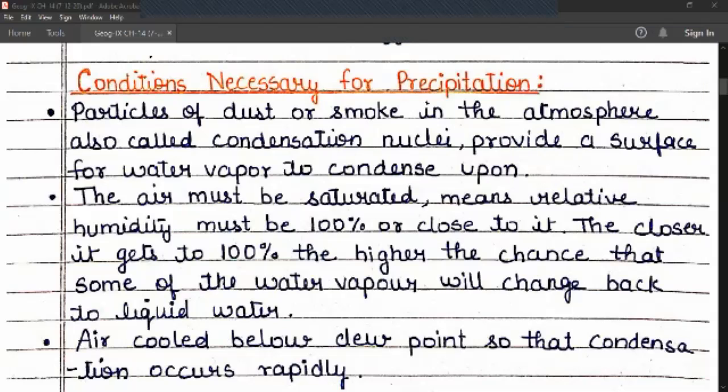Second, the air must be saturated, meaning relative humidity must be 100% or close to it. The closer it gets to 100%, the higher the chance that some of the water vapor will change back to liquid water. Third, air cooled below the dew point so that condensation occurs rapidly.